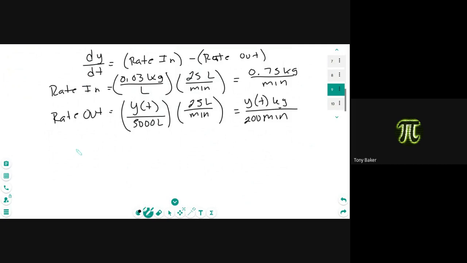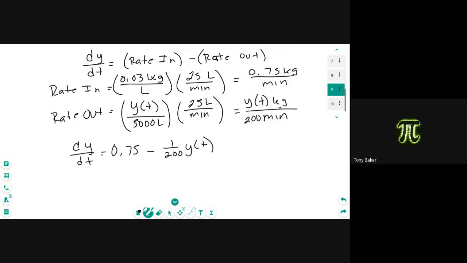All right, so my dy/dt is 0.75 minus 1 over 200 y of t. And that's just everything simplified.